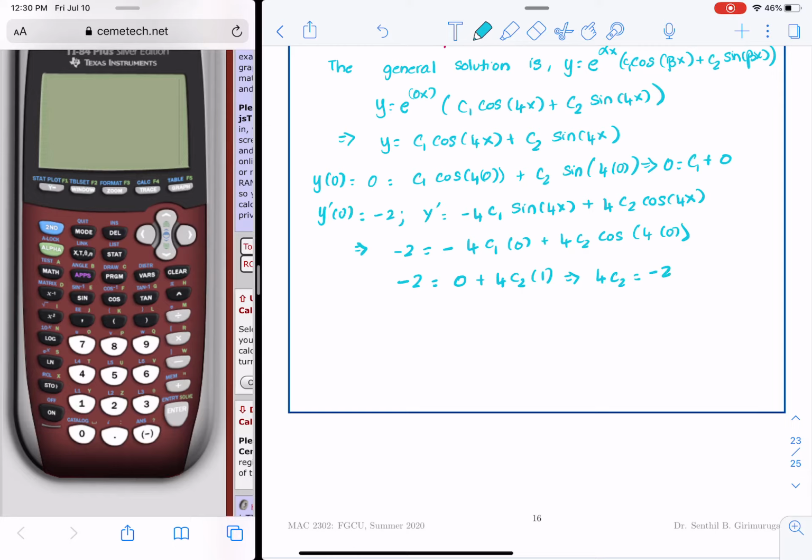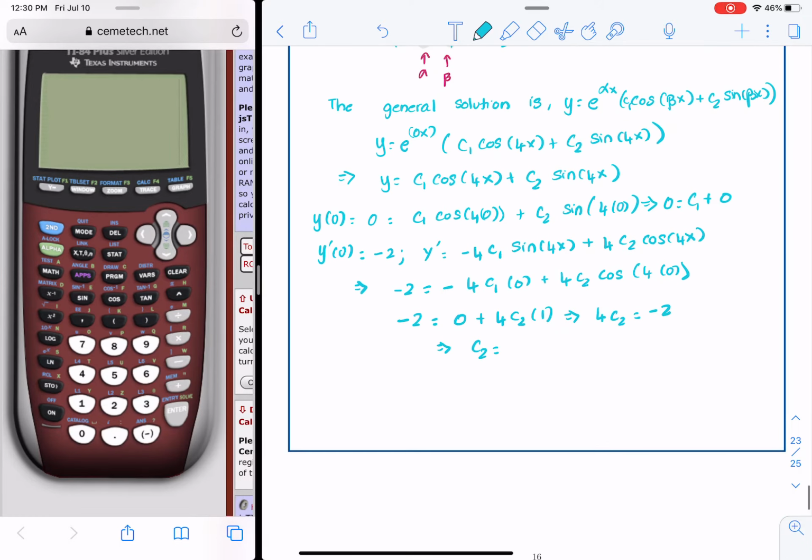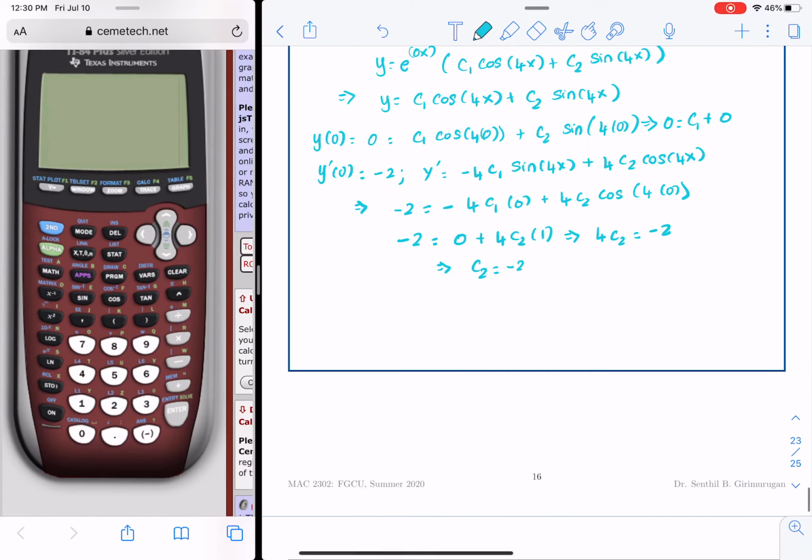The reason being C1 is 0, and cosine of 0 is 1, and 4 times C2 times 1 is 4C2. So C2 would be negative 2 over 4, which is negative 1 over 2.